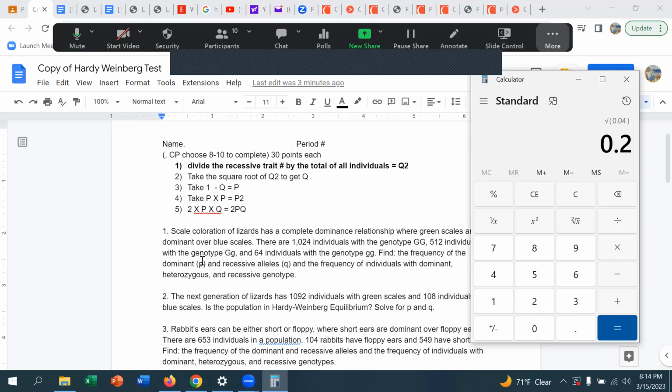Now, to find out about the heterozygous ones, what is 2 times 8? 16. Times 2. 32.